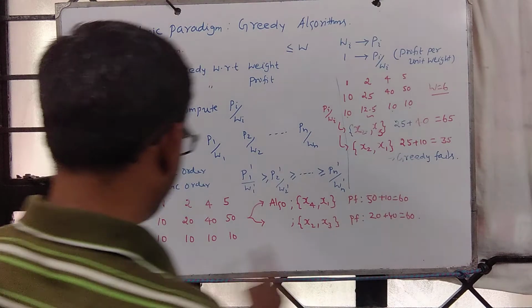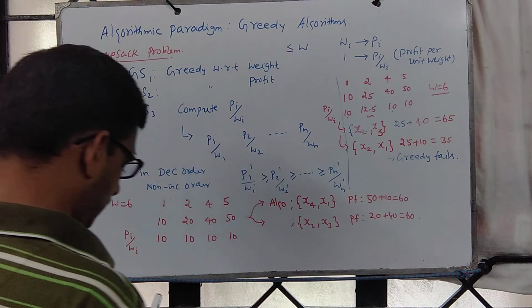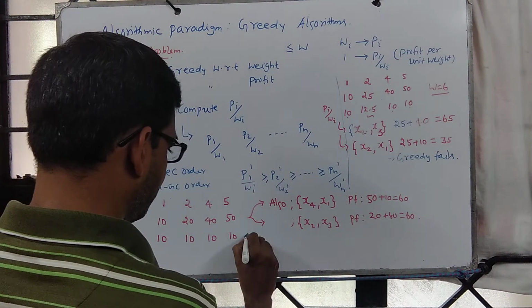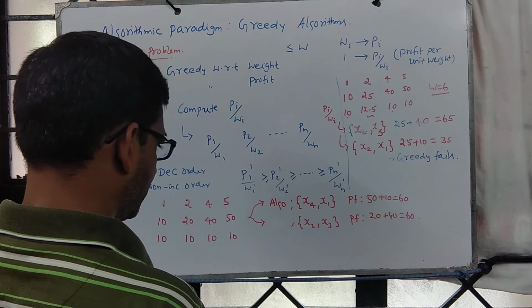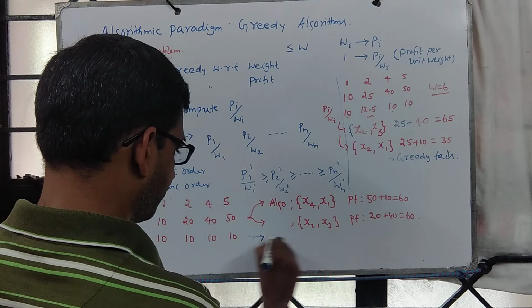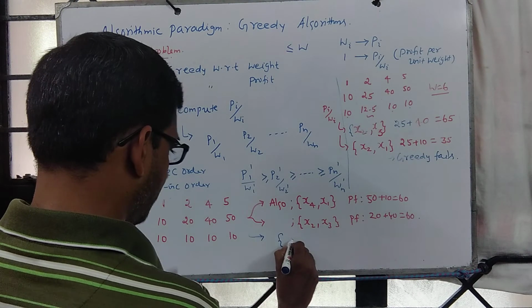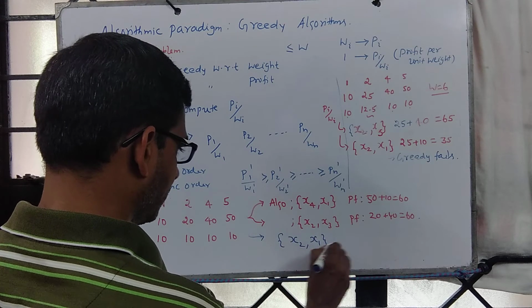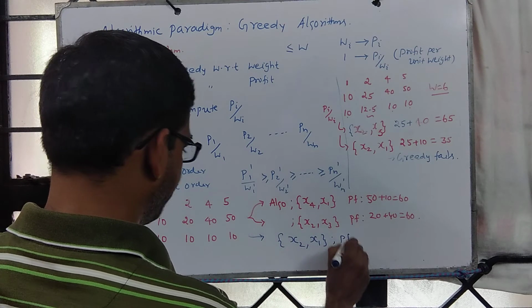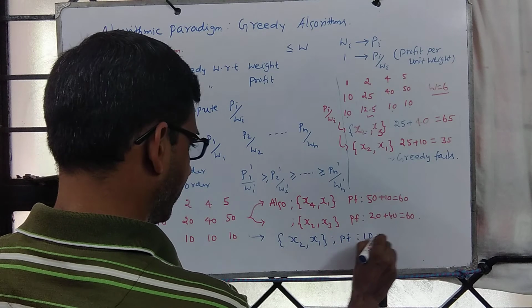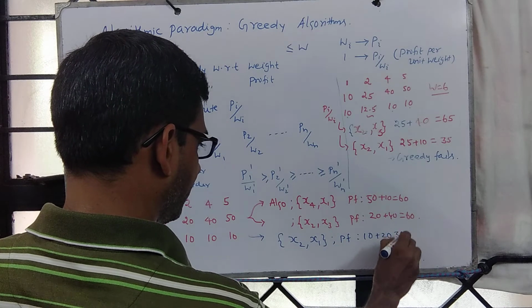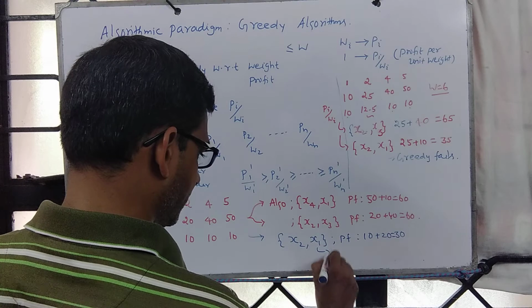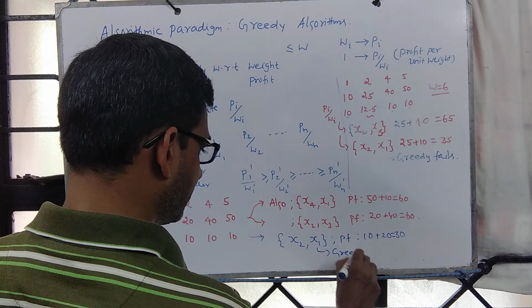Similar thing can happen over here also. What if the algorithm picks these two? Because all values are same, it picks x2 followed by x1, then the profit earned is 10 plus 20, 30, and in this case greedy fails.